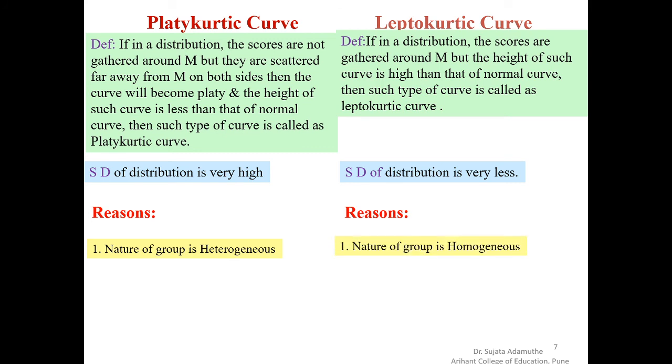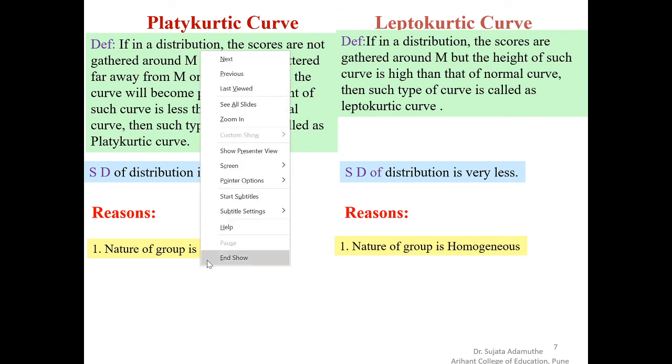Here the nature of the group is homogeneous. In the previous slide we saw that the height of the curve is highest in the middle, but it can shift to the left side and also to the right side, whatever we studied in the previous slide.